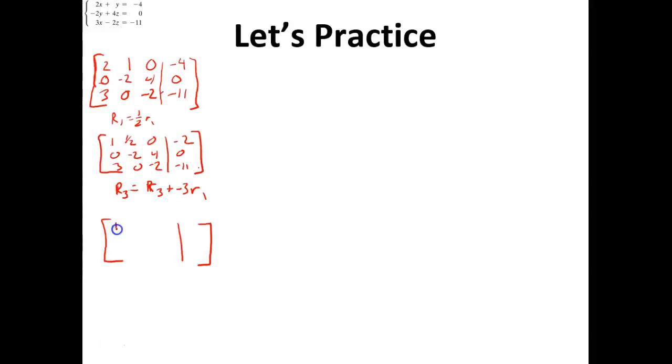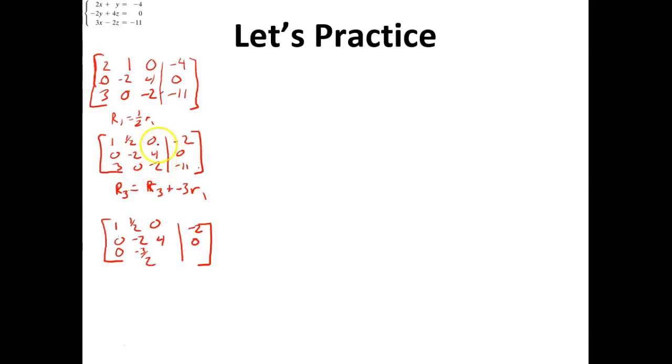So when I do that, I'm going to have the same thing in row 1, 1, 1/2, 0, and -2, and 0, -2, 4, 0. Now I'm taking this plus -3 of this, so that becomes 0. I also have to take this plus -3 times this. Well, -3 times a half is -3/2.